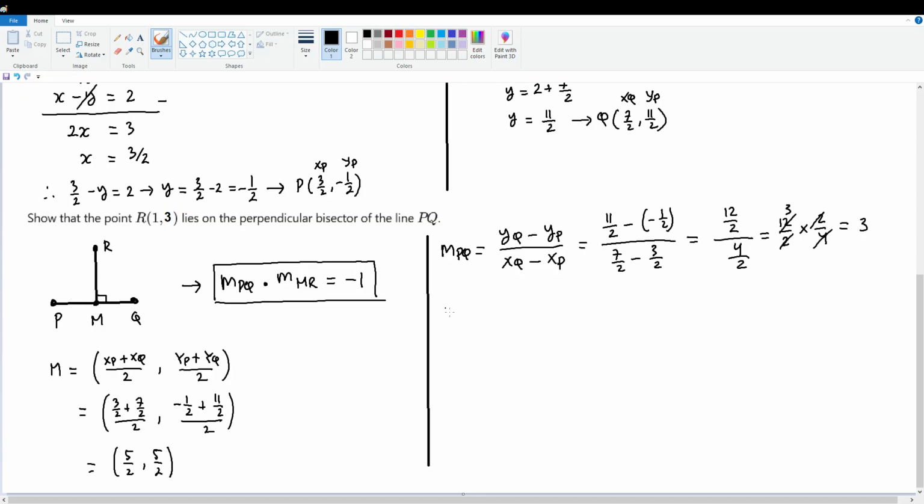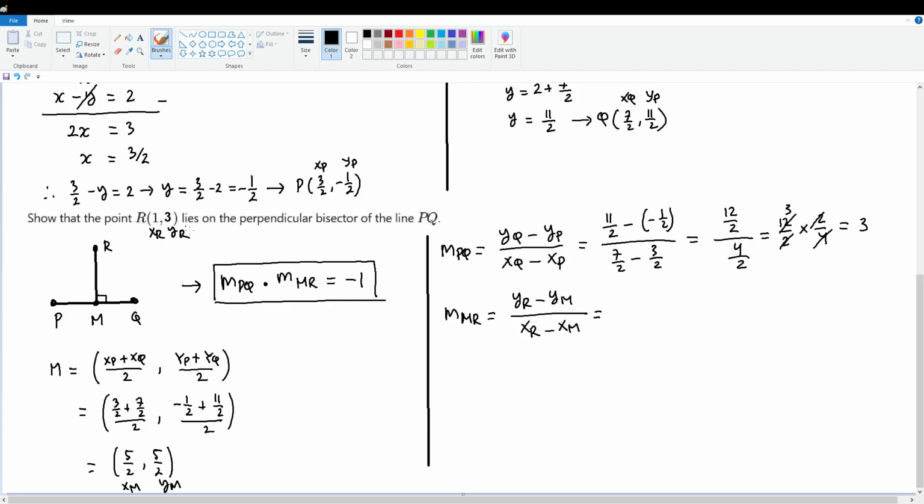And then we continue with the gradient of MR, that is yR minus yM over xR minus xM. Here are our xM and yM, and here are xR and yR.